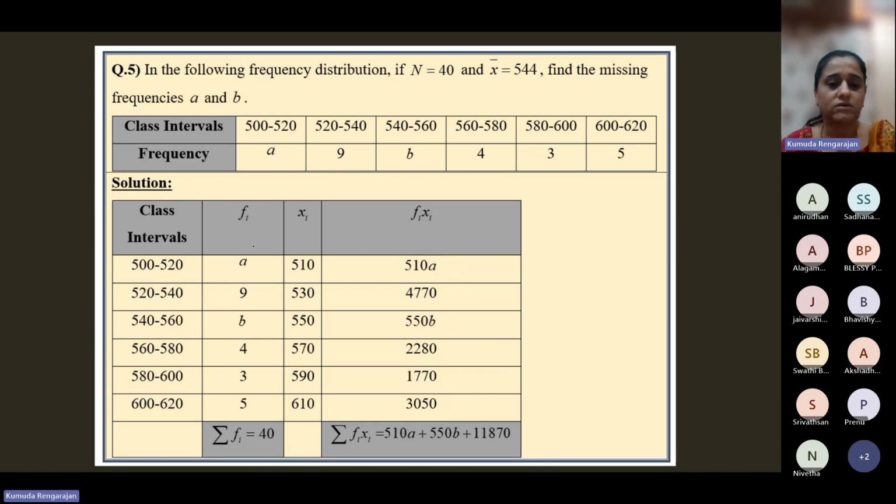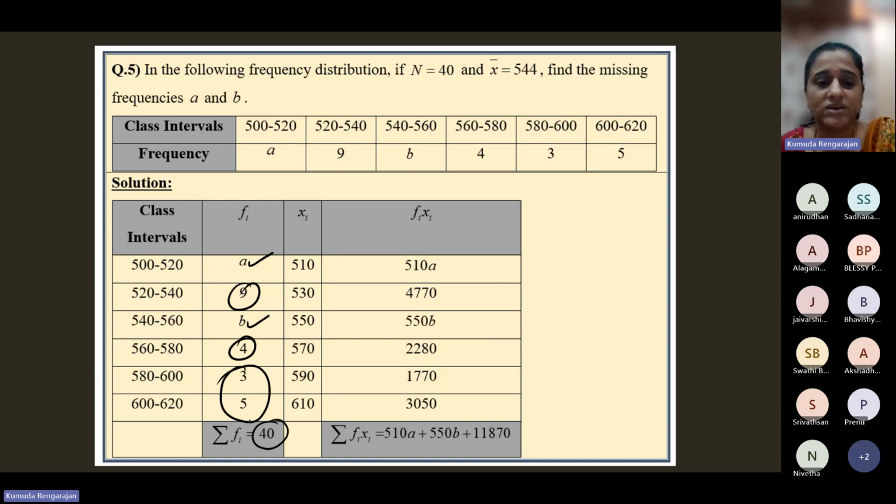See the total here. The total of the frequency column is given to be 40. So you can write that here. But it's also A plus B plus, what is 9 plus 4, 13, 13 plus 8, 21.